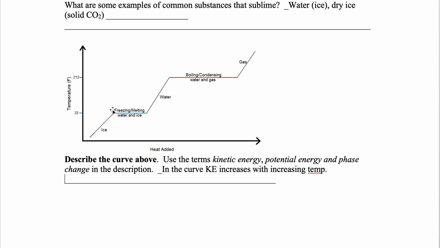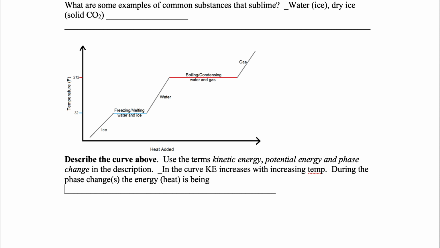So, in this phase change right here, and by the way, the freezing, melting, in the phase change, I'm going to write that down, during the phase change, the phase changes, both of them, the heat, the energy is being used to change the potential energy of the system.